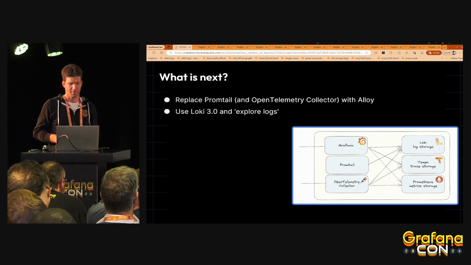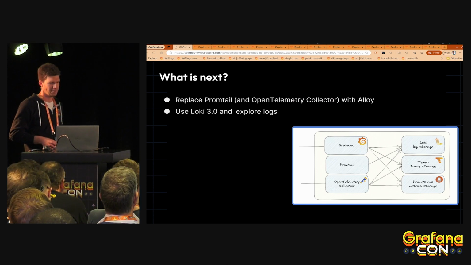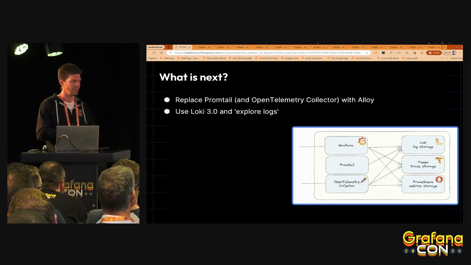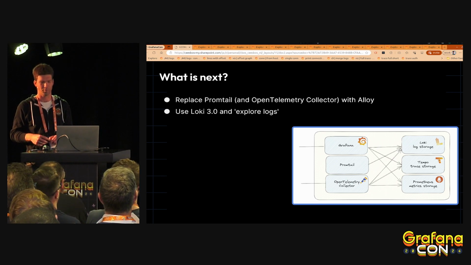And one other thing I realized after the sessions of yesterday is what I will do. I will replace the Promtail and OpenTelemetry collector with Alloy and give it a try. And I will create also a new blog post about it.